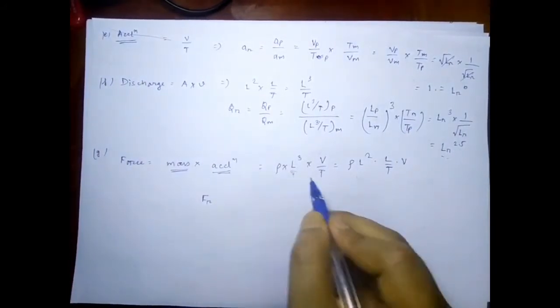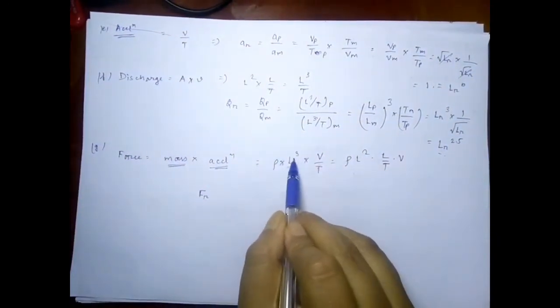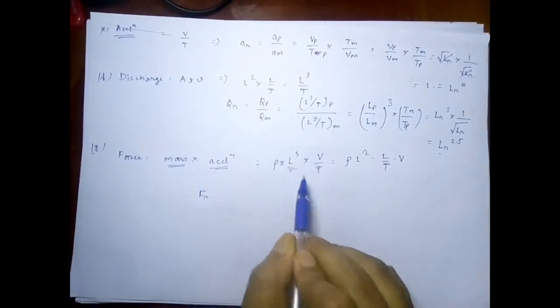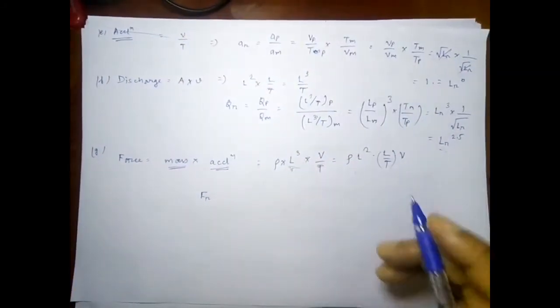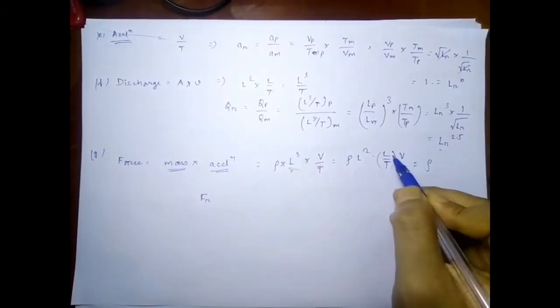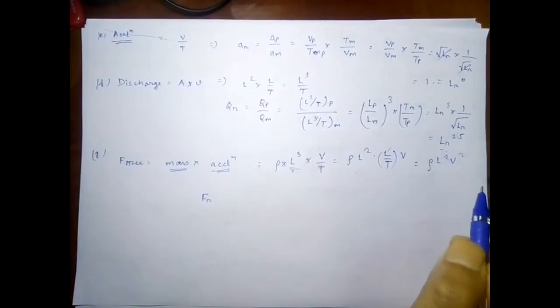Taking T over here and keeping L square separately, and dividing this T with one L, it becomes V, so it will be rho L square V square.